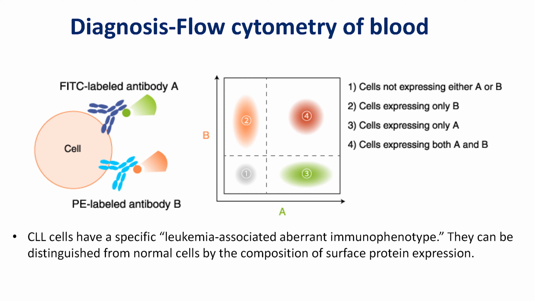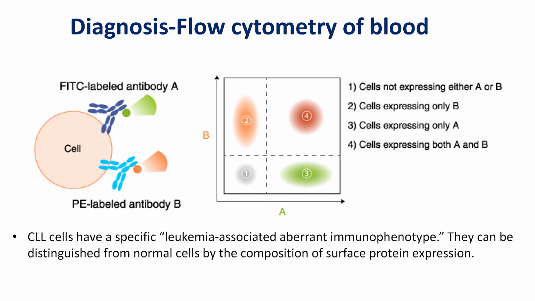The way that we diagnose CLL generally is by a test called flow cytometry. This is the basic concept. A cell is shown here. All cells have markers on the surface, which are usually proteins. You can use an antibody to stick to these markers.